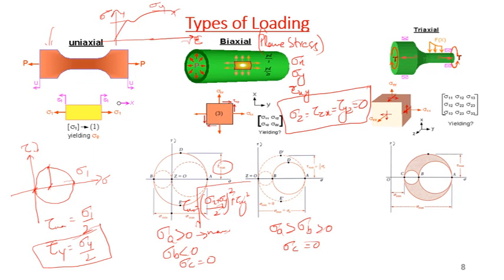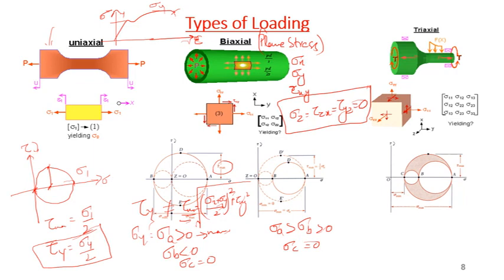So it is not necessary that if sigma A is equal to sigma y, tau max will be equal to tau y. No, that is not the case. The tau max will not be equal to tau y. So how do we relate the material property under the biaxial or plane stress case?